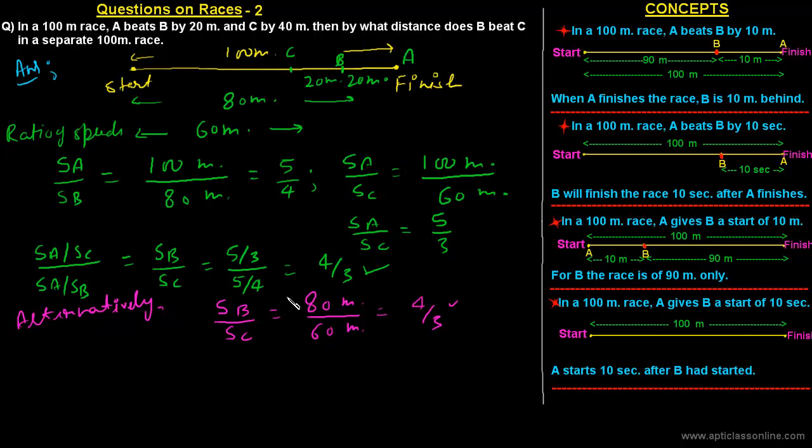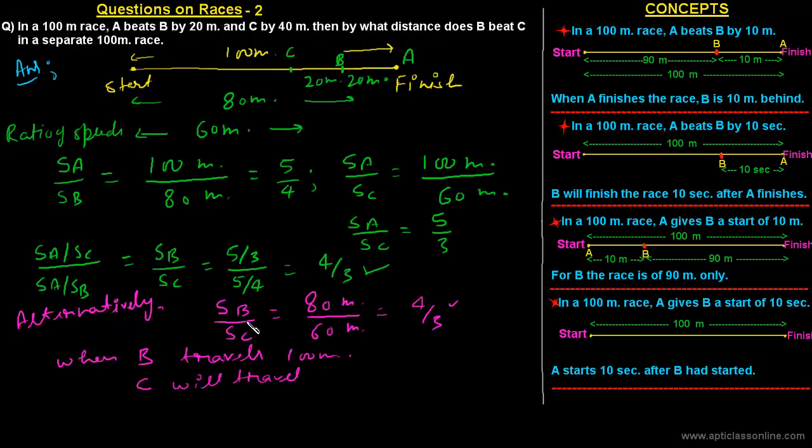So once we know the speeds of B and C, by what distance does B beat C in a 100-meter race? When B travels 100 meter, in the same time how much distance will C travel?